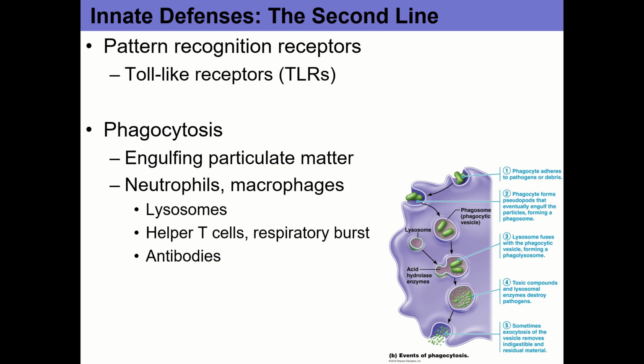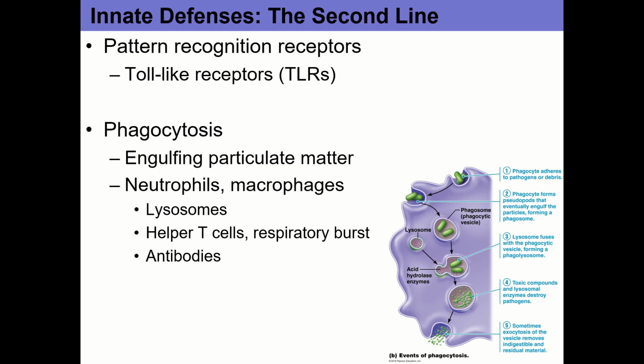Pattern recognition receptors are things in the membrane of the phagocytes, the neutrophils and the macrophages, that are able to recognize a particular class of thing as being a bacteria or a fungus. The toll-like receptors are a particular type of pattern recognition receptor.